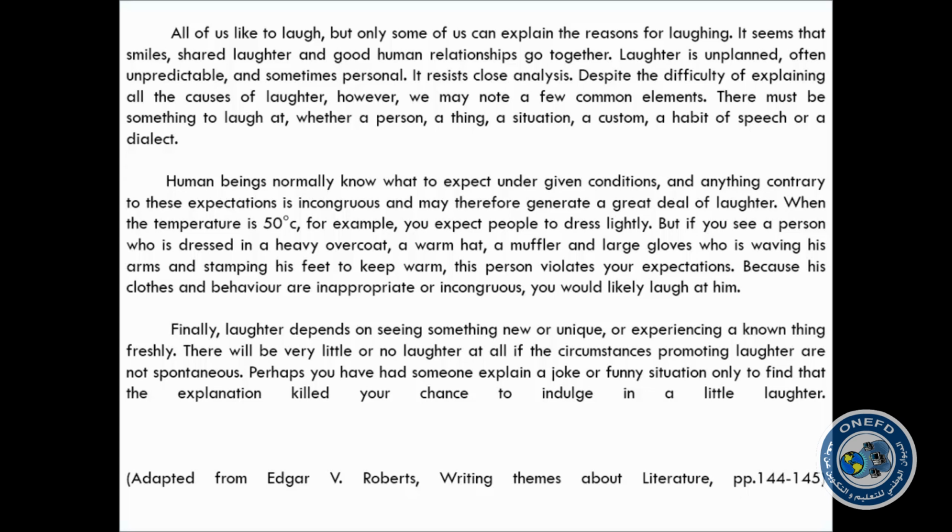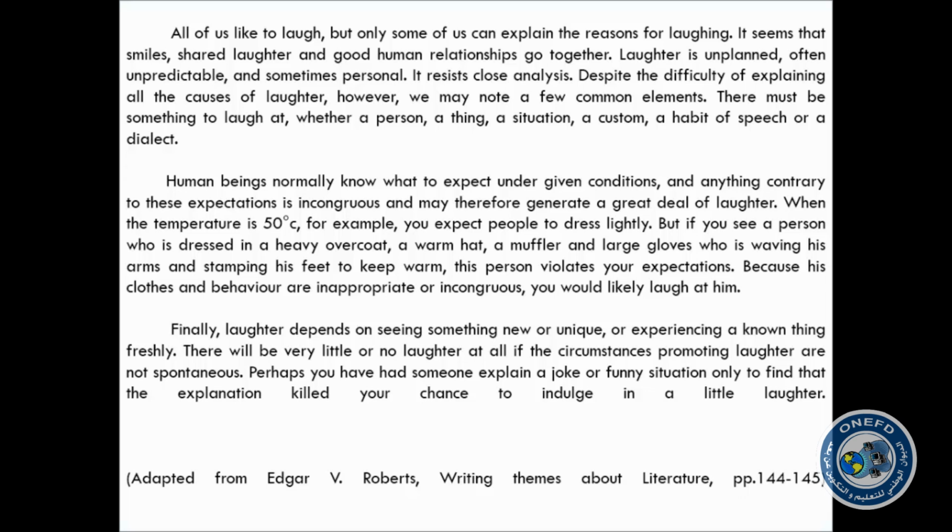Let's continue. Human beings normally know what to expect under given conditions, and anything contrary to these expectations is incongruous and may therefore generate a great deal of laughter.